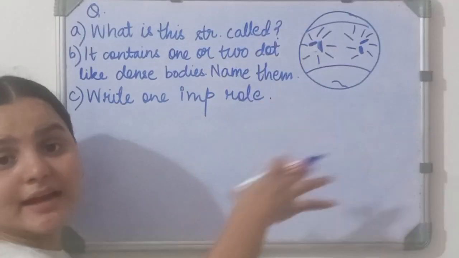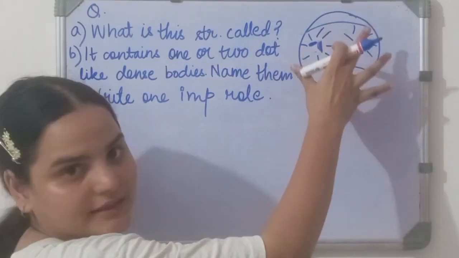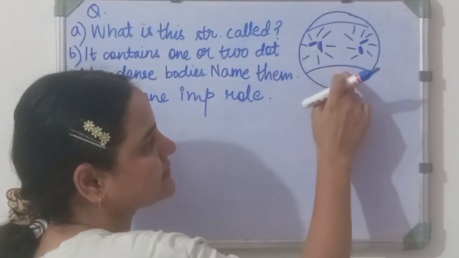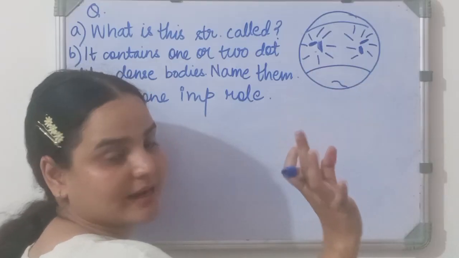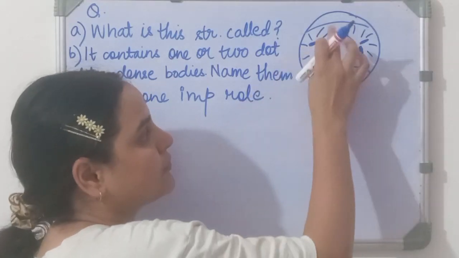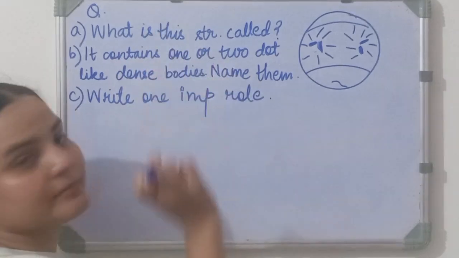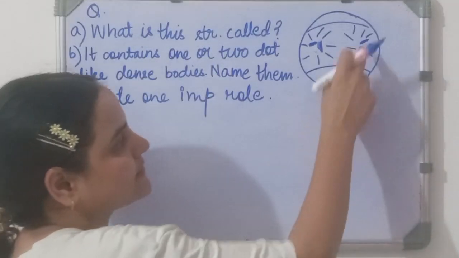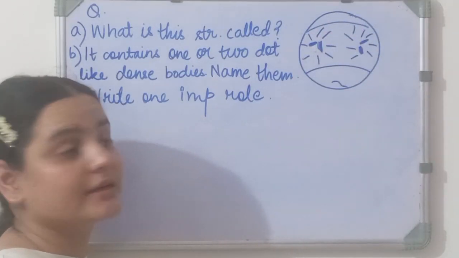So this is the last question. This is the figure given. So you can see this is a cell. This shows your nucleus part. Here you can see the chromatin thread. But we have to observe these things. So question 1 says, what is this structure called? It is asking this thing. So this structure is called what?